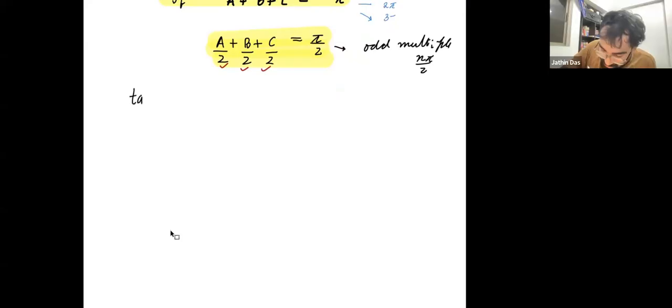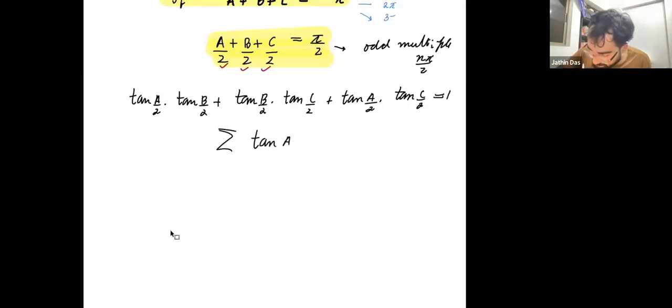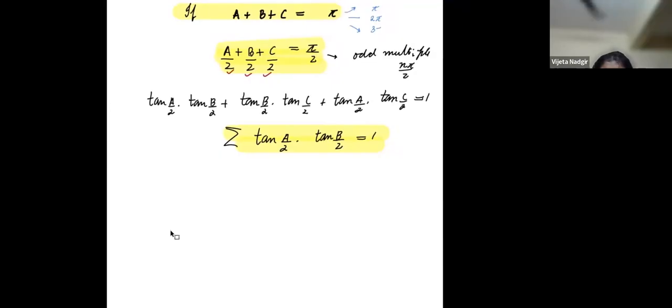So then I'll write like this: tan A by 2 into tan B by 2 plus tan B by 2 into tan C by 2 plus tan A by 2 into tan C by 2 is equal to 1. Or I can also write it as sigma tan A by 2 into tan B by 2 is equal to 1. This much clear?